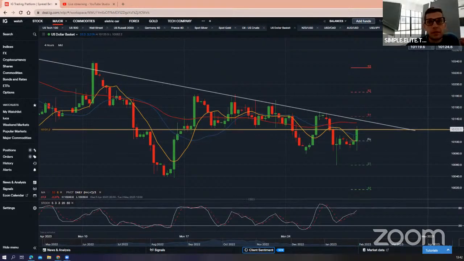The better currency to trade, I think, is short in pound, because I see some bearish movement on pound.